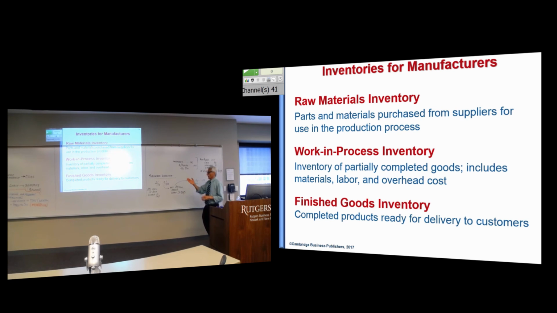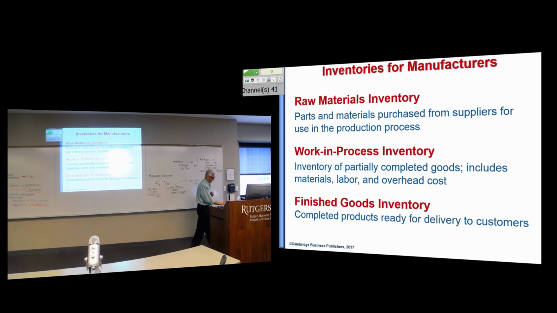And then finally, the finished goods inventory. These are the inventory items that are ready for sale. Actually, this is the equivalent to the merchandise inventory you see on a retail company's books. So finished goods inventory is the same as merchandise inventory. So if you look at Walmart's financial statements and they say inventory or merchandise inventory, that's the same as finished goods. So the finished goods are the goods that are ready for sale.